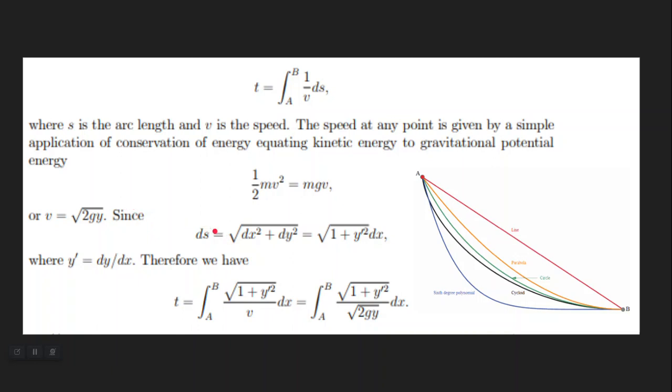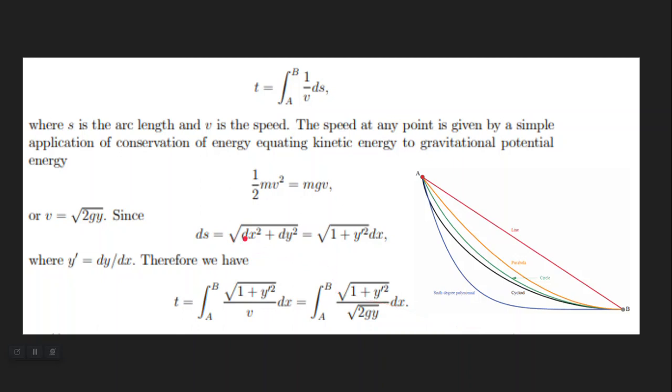Now the distance ds, the overall displacement, is going to be the displacement in the y direction plus the displacement in the x direction. So that's basically going to be its magnitude, which is the square of the distance traveled in this direction, plus the square of the distance traveled in this direction, rooted.